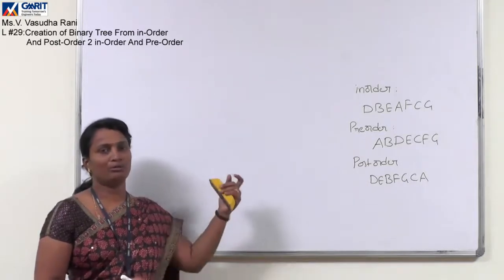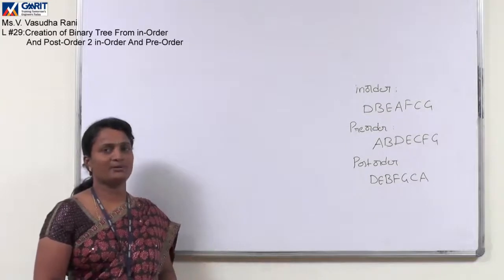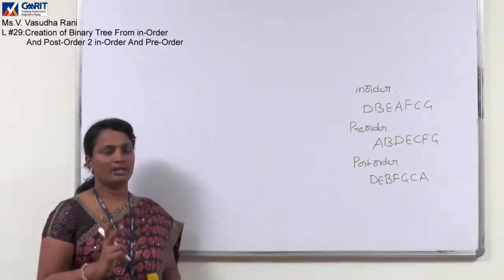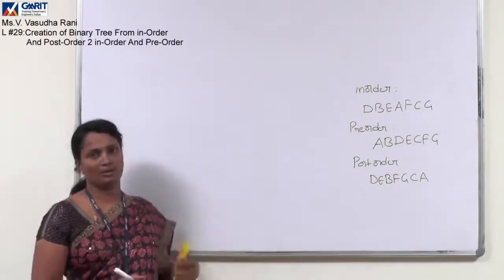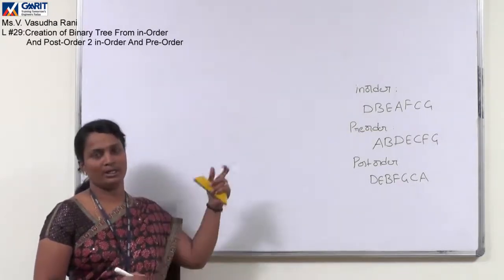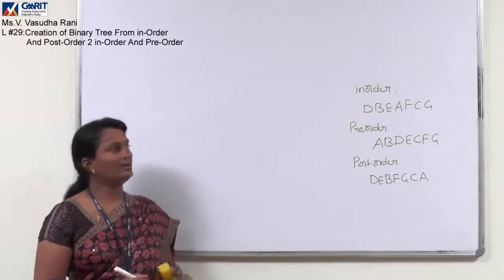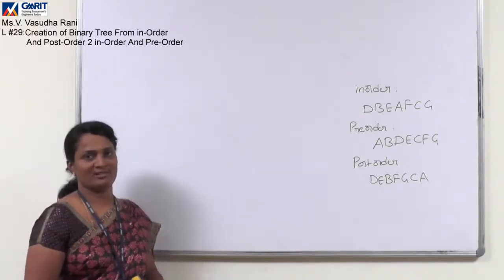It is not that all three traversal sequences are required. Any two will do, the combination of in-order and pre-order, or in-order and post-order. By taking the combined traversal sequences, we can construct the binary tree.